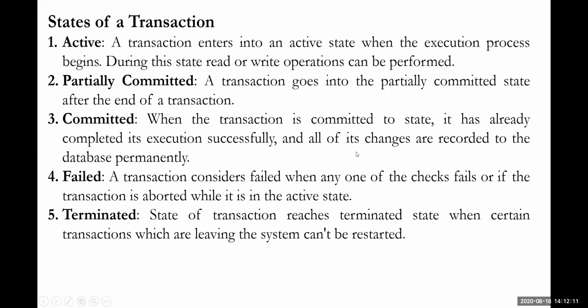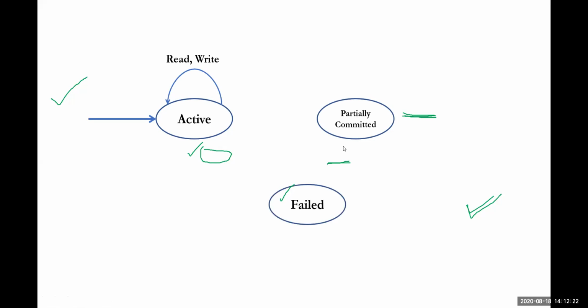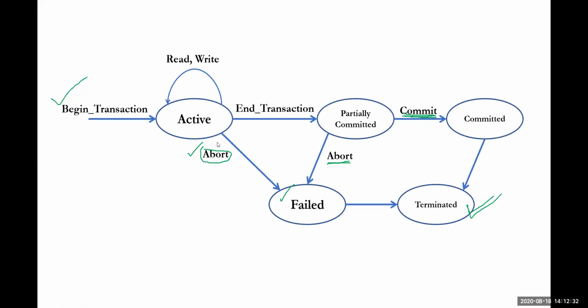And we have already come across the different kinds of states, how the states are evaluated while any transaction is being executed. Everything has been seen in a proper way in the previous class.